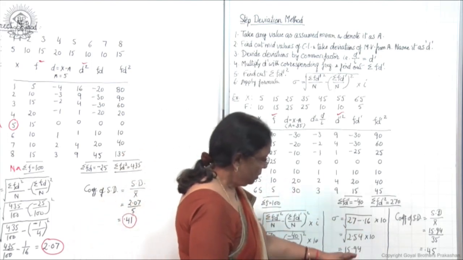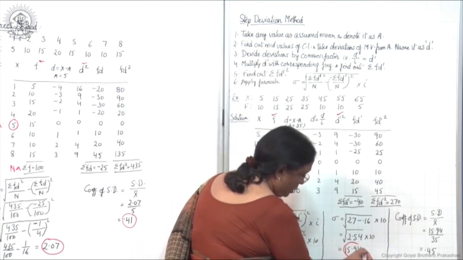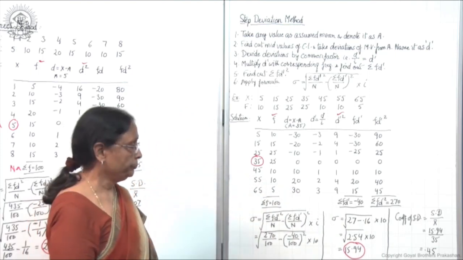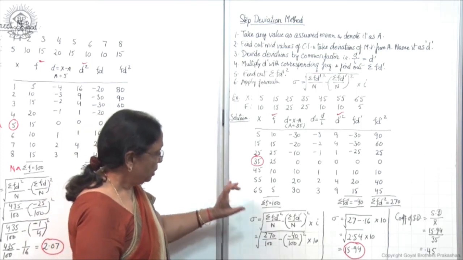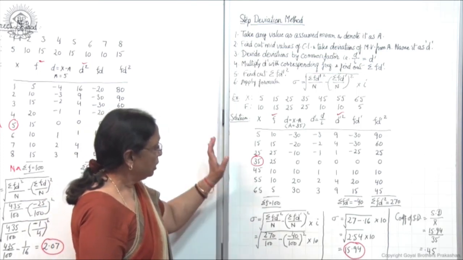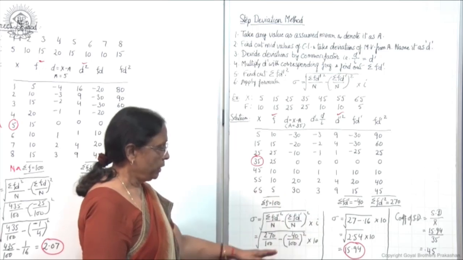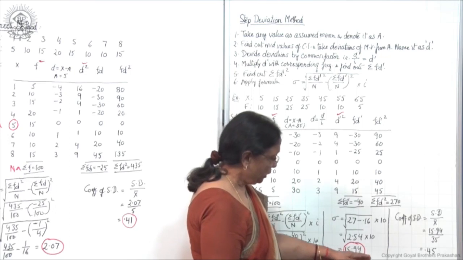Simplify the values and you will get the standard deviation as 15.94, right. So very simple: learn the formula, make the columns accordingly, put in the values, and after a simple calculation the answer is here.